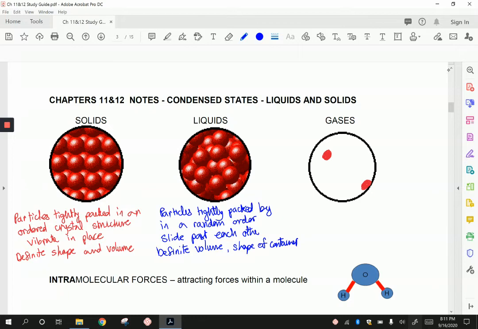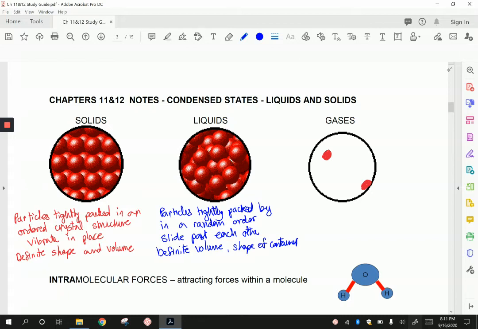So looking at the way that these particles are packed, basically they're almost the same in the spacing between the particles, and so their densities are almost the same. The liquids for most substances tend to be just a tiny bit farther away in the liquid form, and so the liquid tends to be a tiny bit less dense than solids. That's not the case with water. Water is an exception.